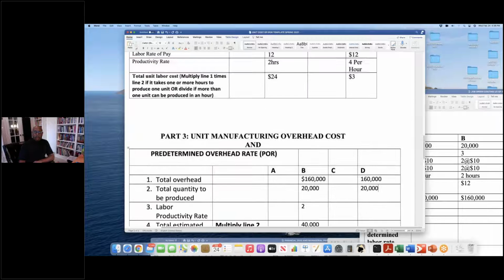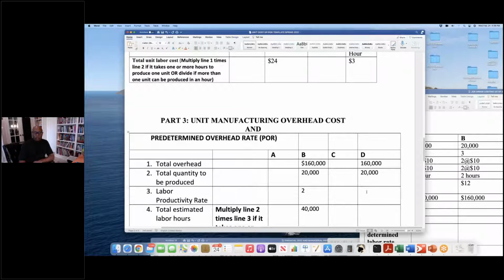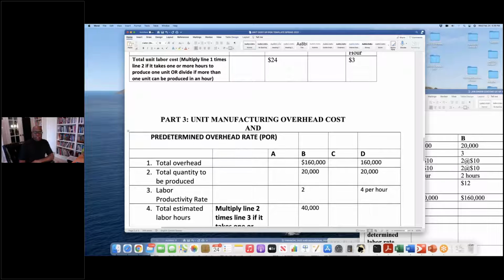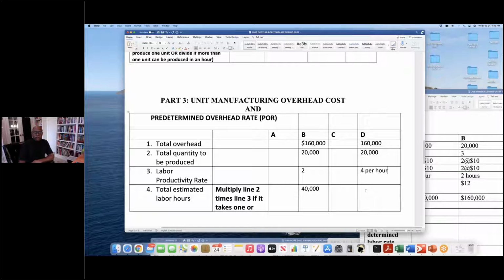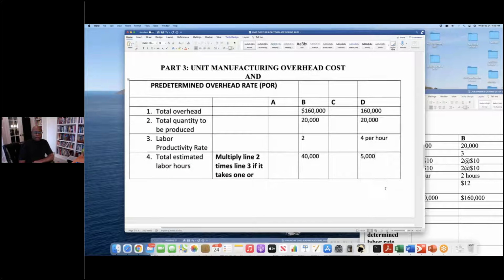Would I still keep 4 or do I put 3? You keep 4. When it's 2 hours, you multiply because you know it's going to take more. But when you see 4 per hour, then you know it's time to divide to find how many hours it's going to take to make it. So I would divide, and it would be 5,000. Correct. Okay, so anytime it takes that extra number of hours, you divide.